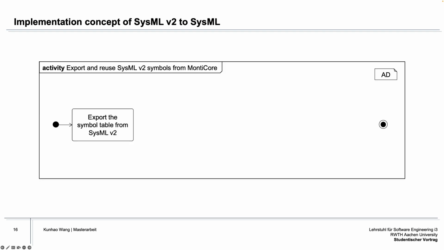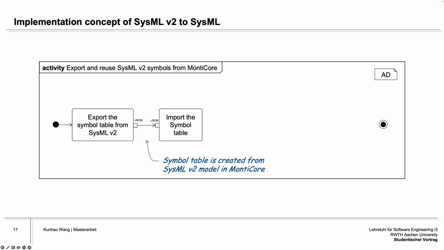This toolchain describes the implementation concept for the direction from SysML v2 to SysML. Initially, we export the symbol table of a SysML v2 model from the SysML v2 side and import it to the SysML side, in our case, the MagicDraw side.